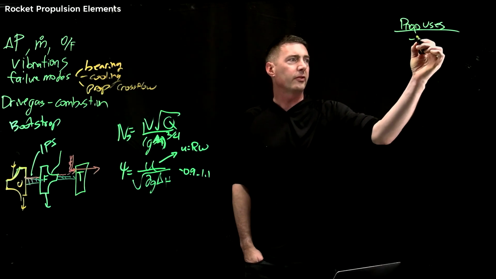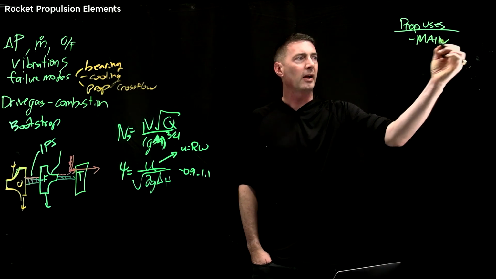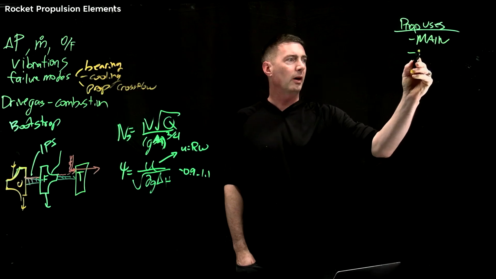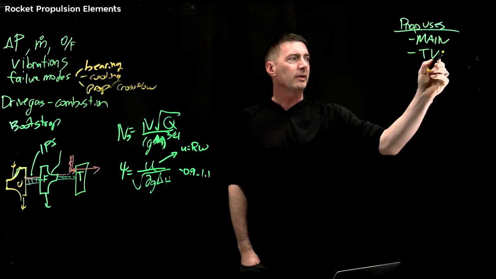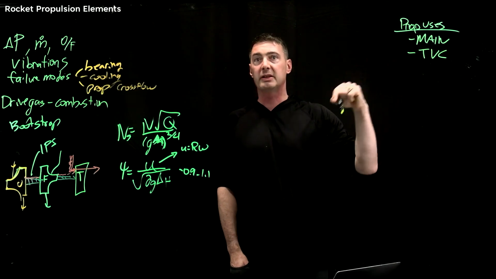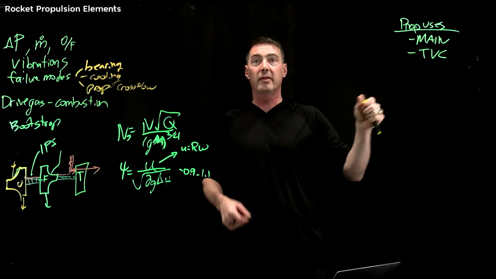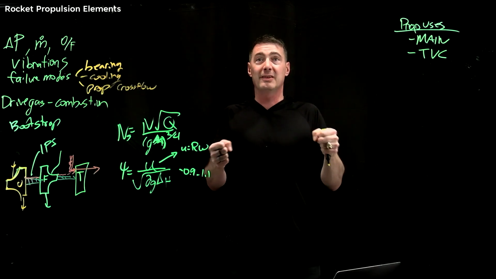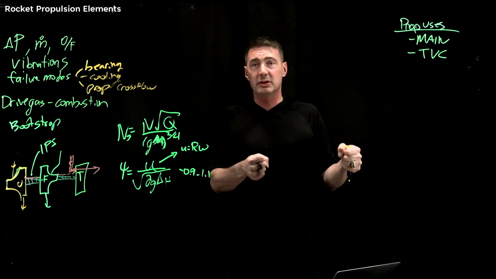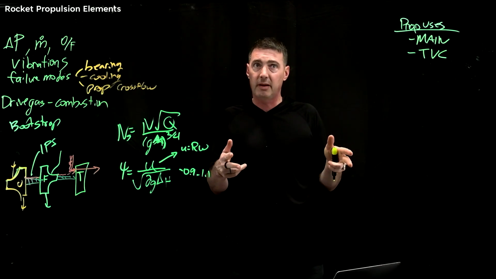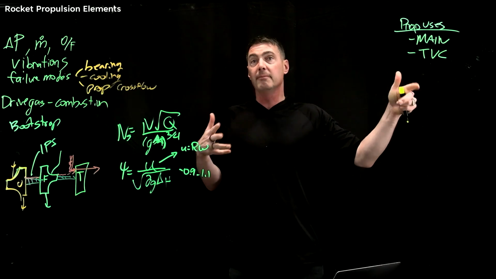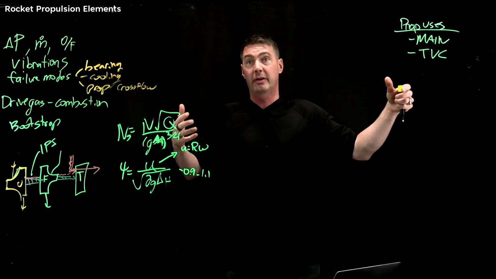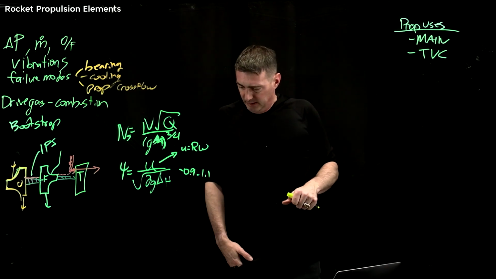So yes, of course, you have your main chamber combustion, yes. But you also, in a lot of designs, have thrust vector control, and there's actually an entire chapter on this towards the end. So this is how you're pointing the thrust in different directions. Sometimes that's by physically moving the engine. Sometimes it's by deflecting the flame. But it's usually driven by propellant. That's how you do it. Okay.